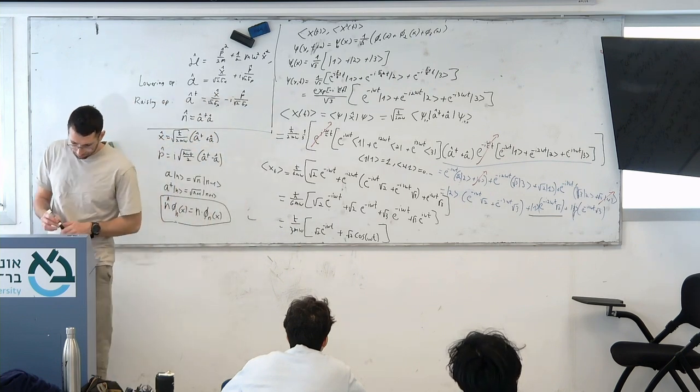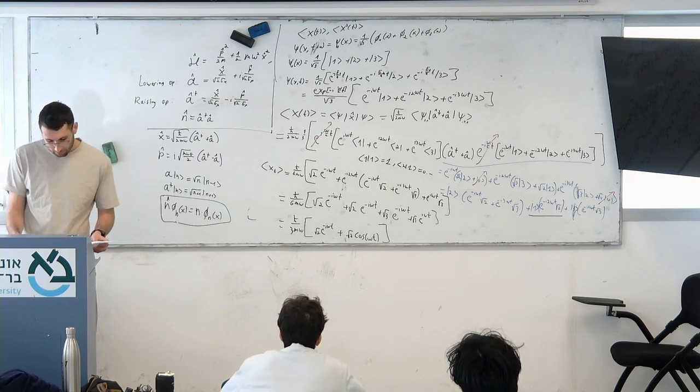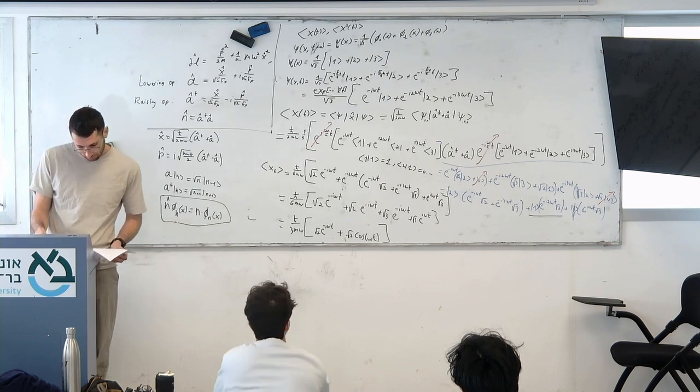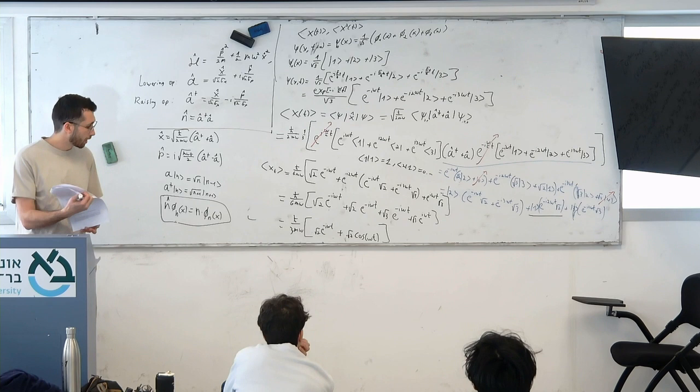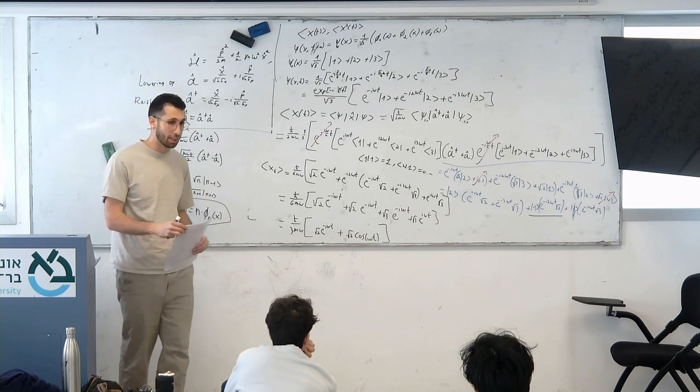Does it make sense? No, something doesn't. Why doesn't it make sense? Because you don't have the same factors for plus and minus, and I have something which is imaginary. So I made a mistake.